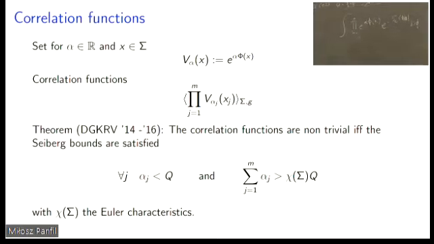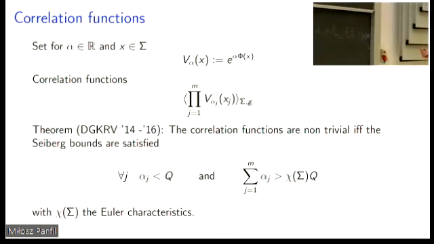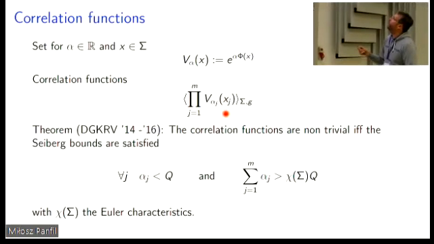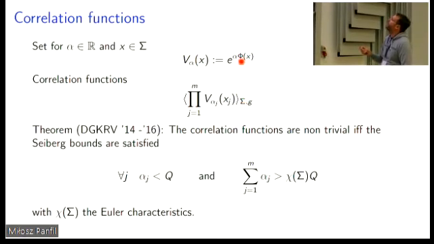So if you want to define the correlations, you have to regularize, etc. But at the end of the day, using this probabilistic approach, you can define a non-perturbative object, and it is non-trivial if and only if the weights satisfy certain conditions. If I take the product of the exponentials of α_j times the Liouville field taken at the point x_j, it's non-trivial using probability theory if and only if the α_j's are smaller than Q. Remember, Q was my parameter, γ over 2 plus 2 over γ. And the sum of the weights is bigger than Q times the other characteristic of the surface.